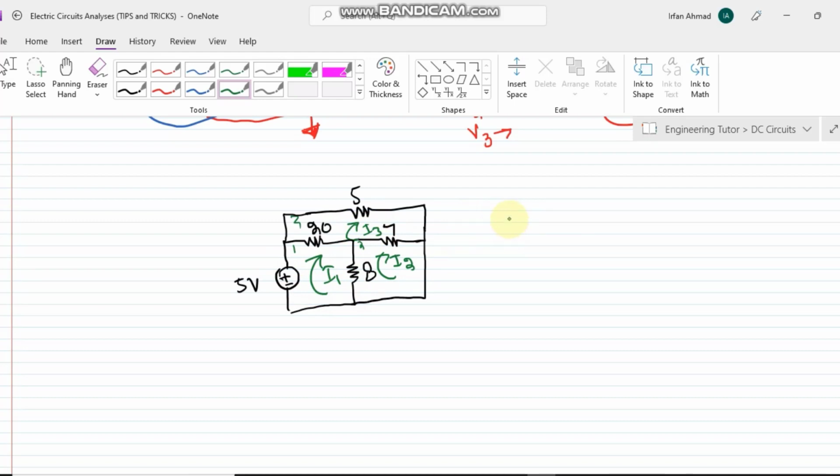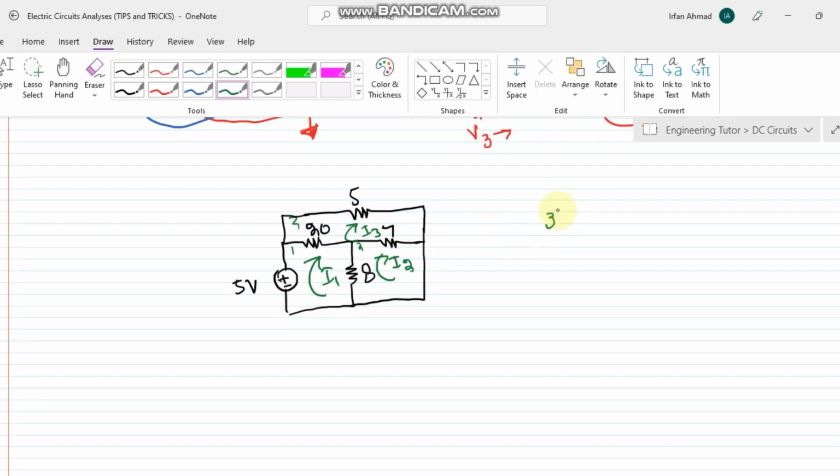We will have a system of 3 equations with 3 unknowns, and if we convert those equations into matrix form, we will have a 3 by 3 matrix, which will be a fat matrix. We have to solve for I1, I2, I3, and that will be somehow difficult.